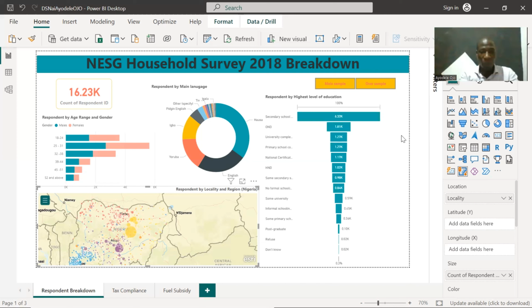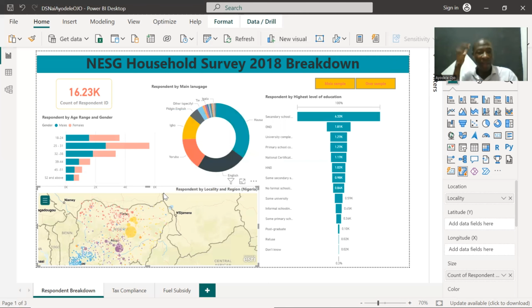So this report is basically to help us analyze the respondents. That means, who are these people that filled this form? They are from different households across Nigeria, as we have in this visualization here, and also the language they speak.